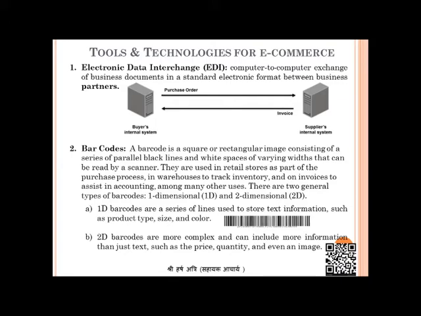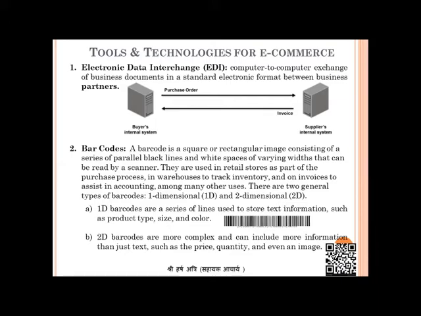In a machine, when we swipe the card, some information is processed, and that information goes to the bank. Then the bank allows to debit the amount from your card. All this happens with the help of some standard formats. These standard formats are called EDI.